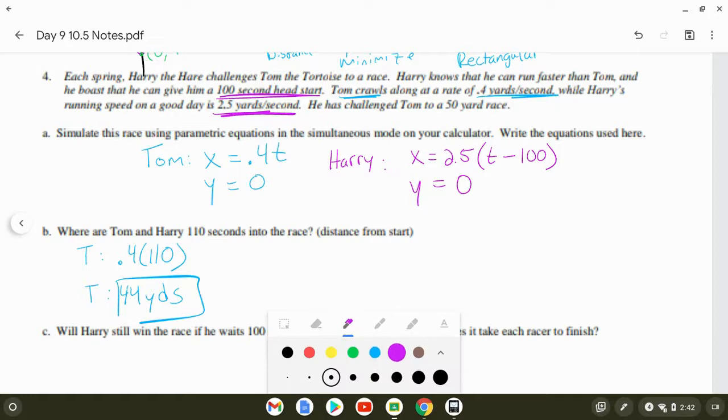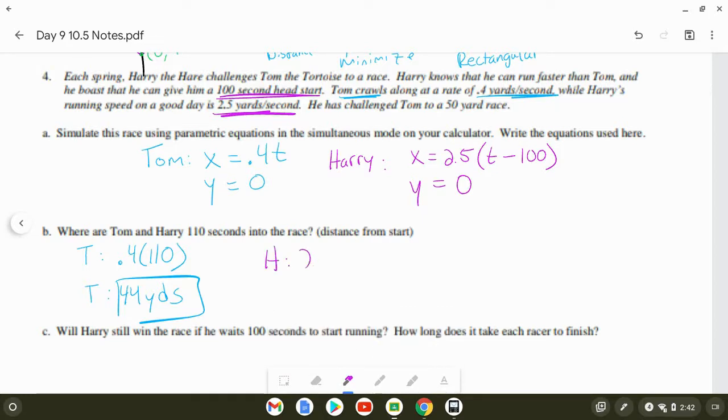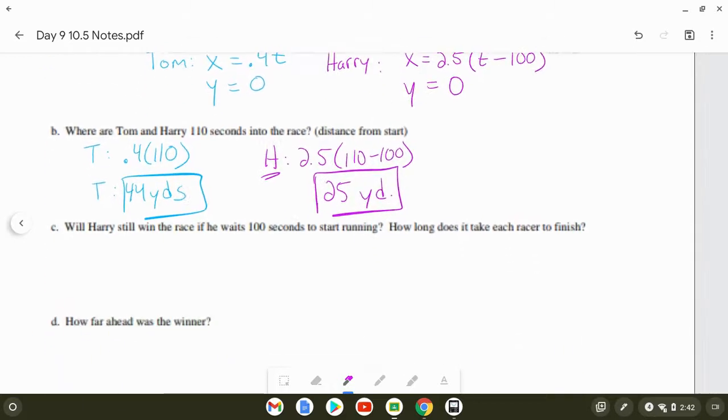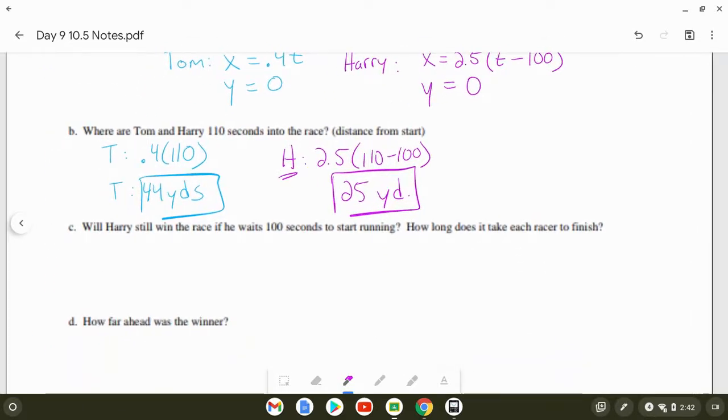And then Harry would be 2.5 times 110 minus 100. So he would be 25 yards into the race. So 10 seconds after Harry actually starts, because he gave him the 100-second start, he would still be trailing.